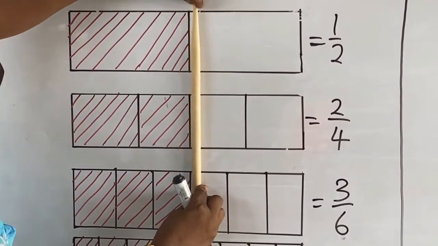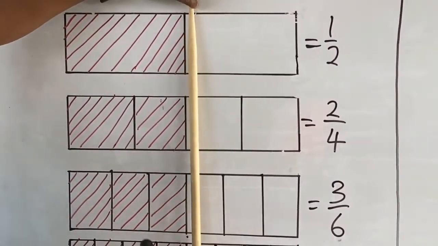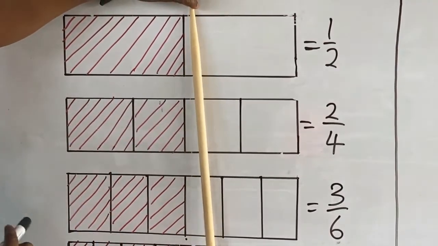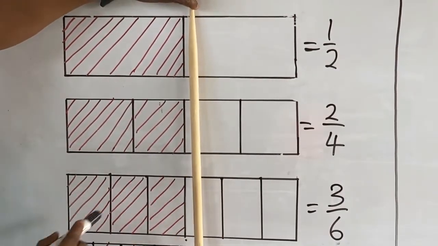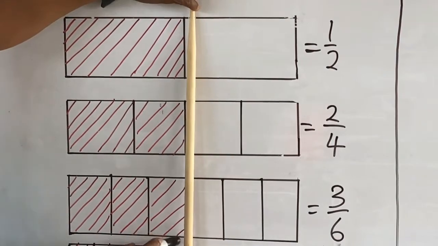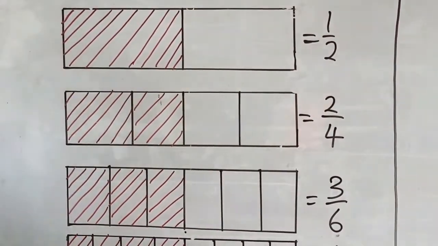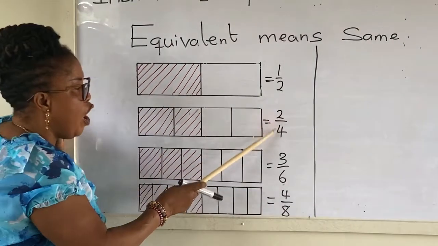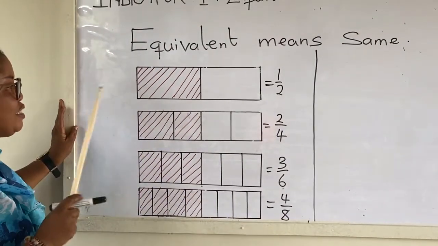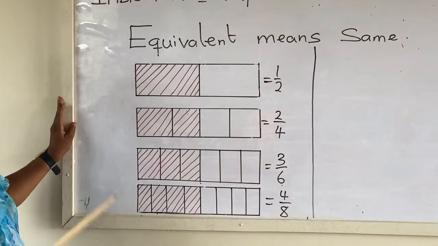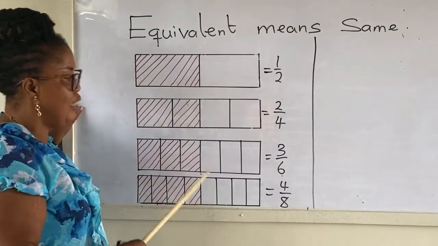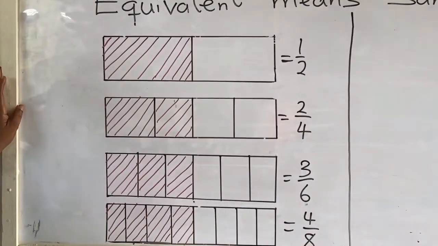From the top, 1/2 is the same as 2/4 and the same as 3/6, meaning 1/2 is equal to 2/4 is equal to 3/6. So 1/2 is equivalent to 2/4 is equivalent to 3/6.